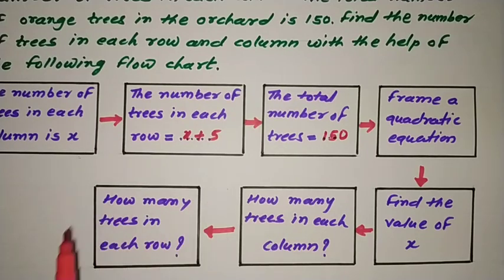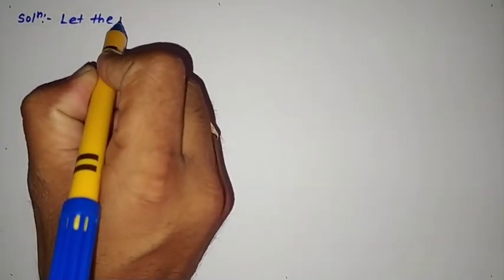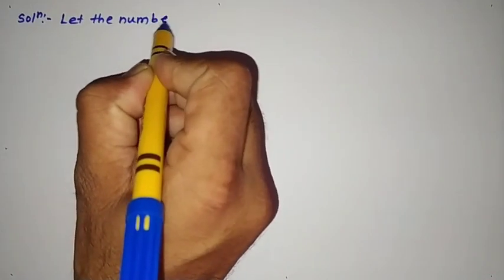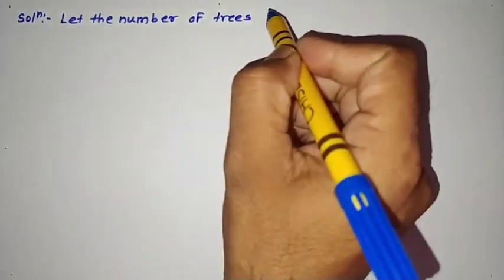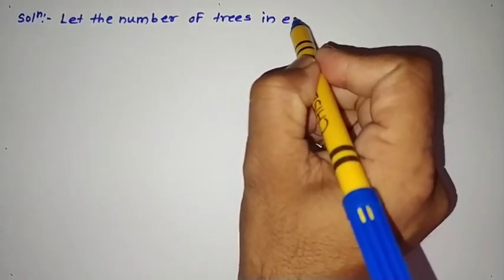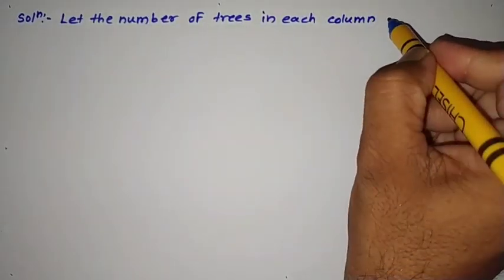This type of question is asked in your question paper in question number 2A and 3A. Solve it. Solution. Let the number of trees in each column be x.